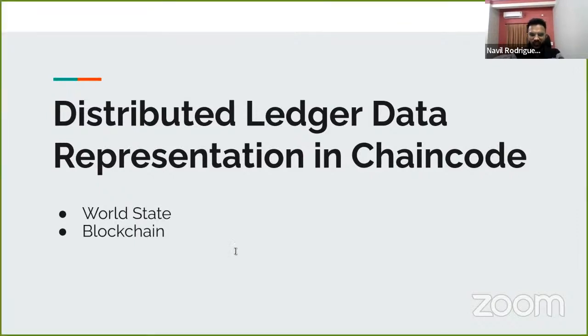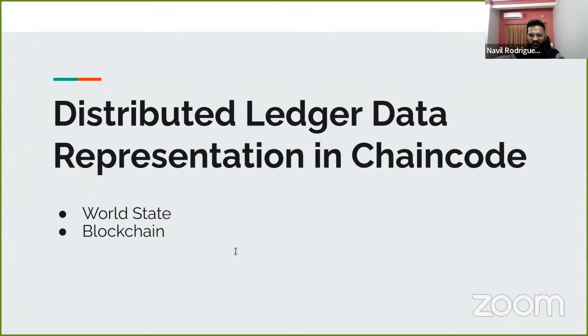So the world state basically holds the current and latest values. The smart contract fetches data from the world state because it is quicker than traversing the blockchain and fetching the files from there. States recorded in the ledger are represented as key value pairs.